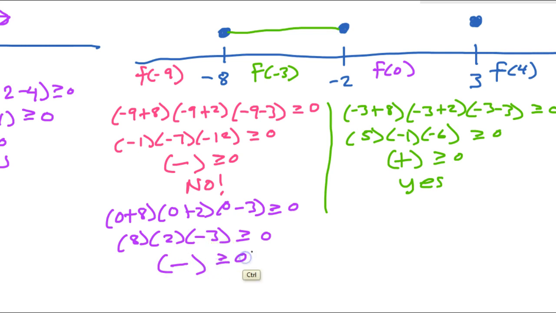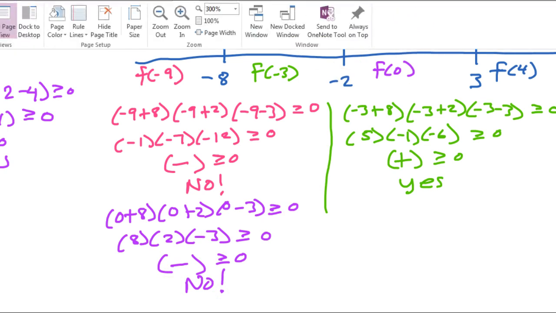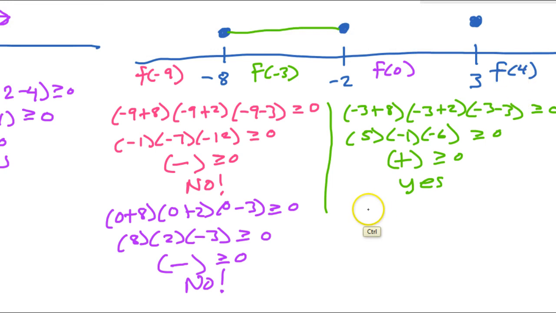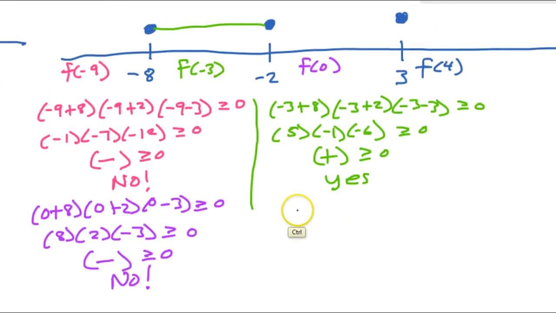So is that going to be greater than or equal to 0? No. So I have no solutions in that interval. And finally, let's check 4. So that's going to be 4 plus 8, 4 plus 2, and 4 minus 3.